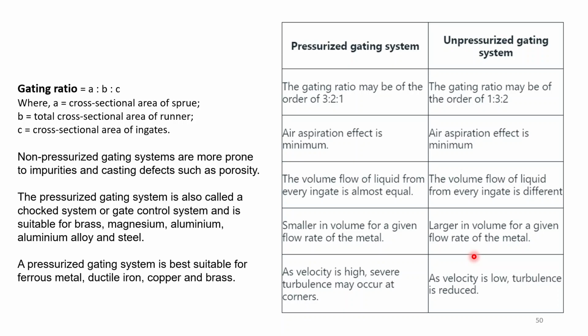As velocity is high in pressurized, there will be high turbulence which can occur at the corners. In unpressurized, velocity is low, so turbulence is reduced. Non-pressurized gating systems are more prone to impurities and casting defects such as porosity.